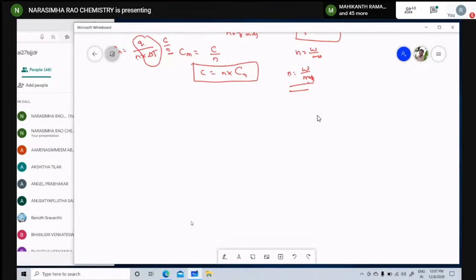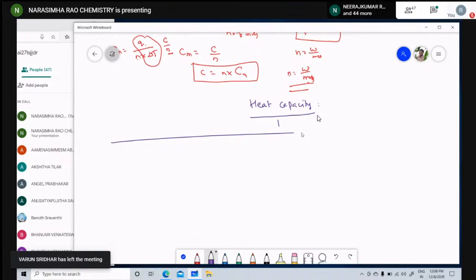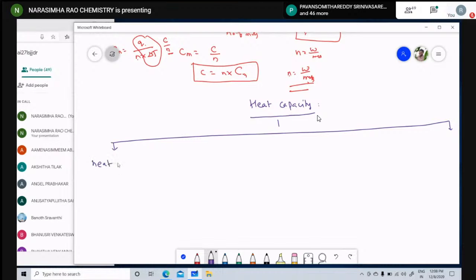Now, heat capacities are of two different types. Heat capacity at constant volume, C base V. This is also the molar heat capacity formula, no change.